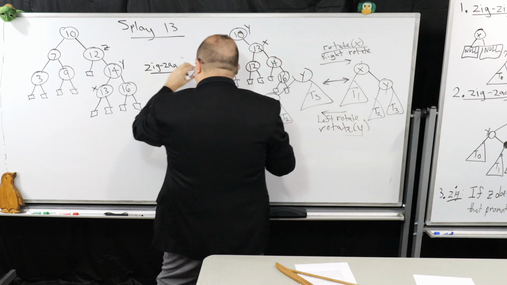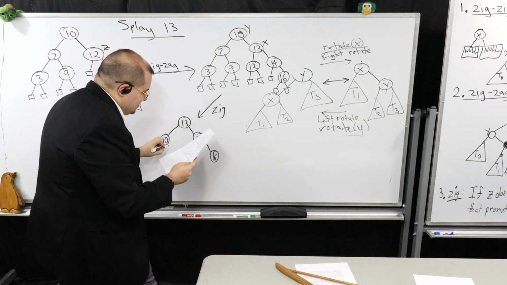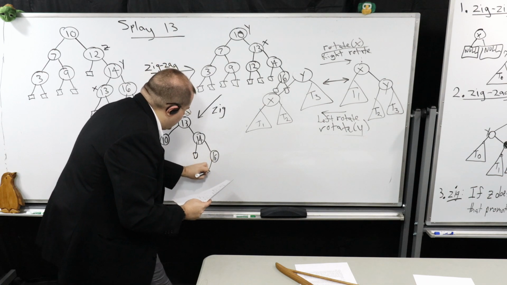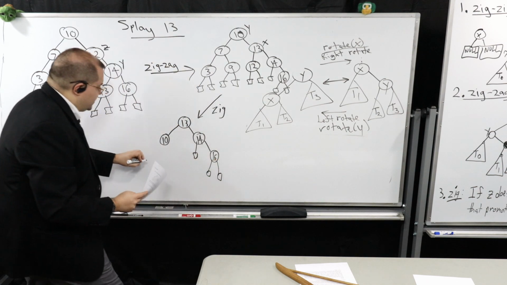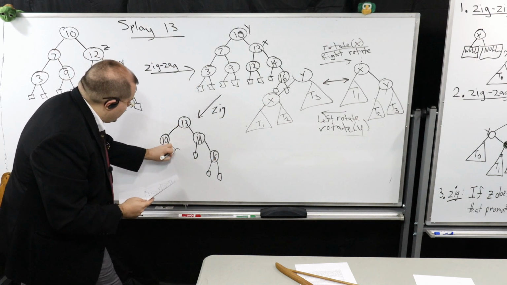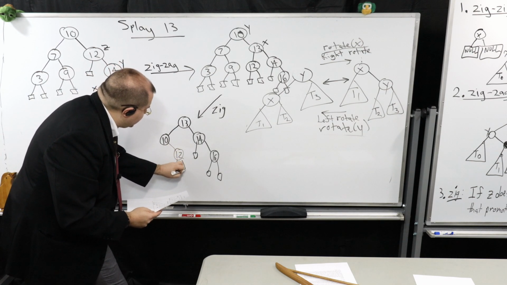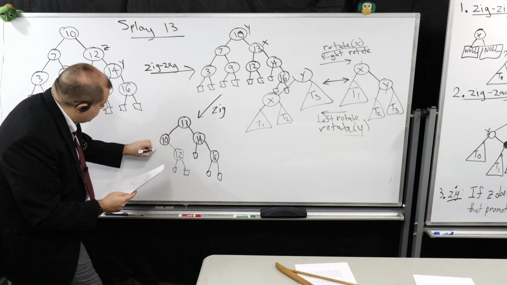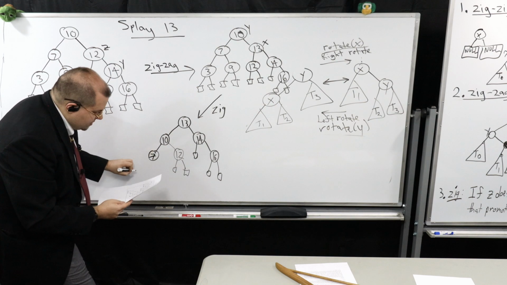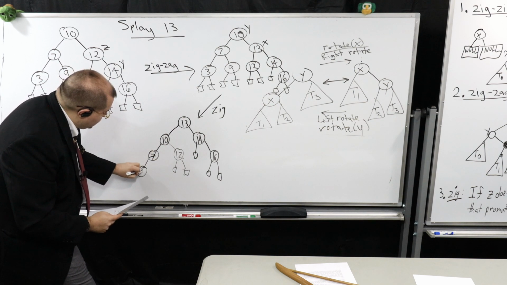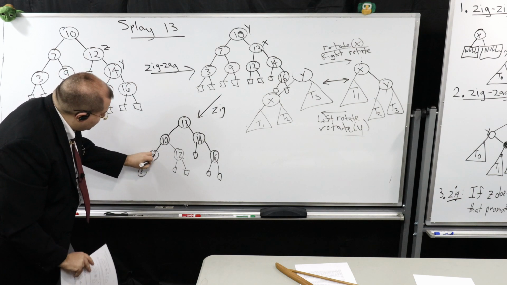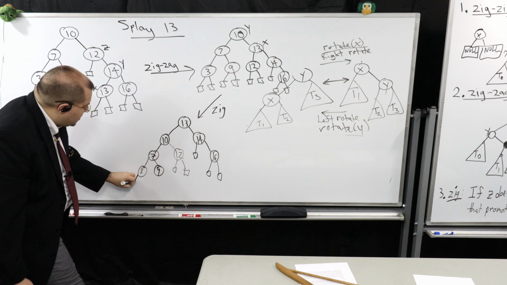It sort of grabs onto it. The 12 gets traded over here. That's how this rotation works. 7, 3, 9.